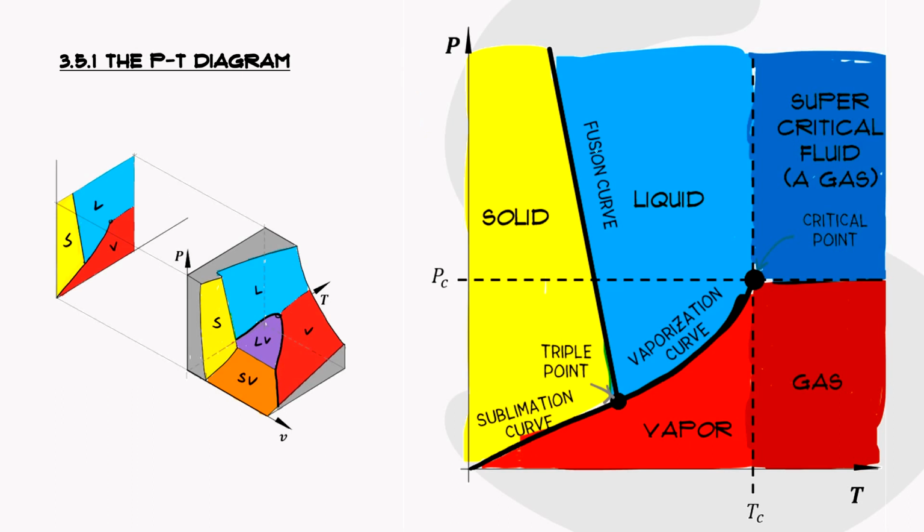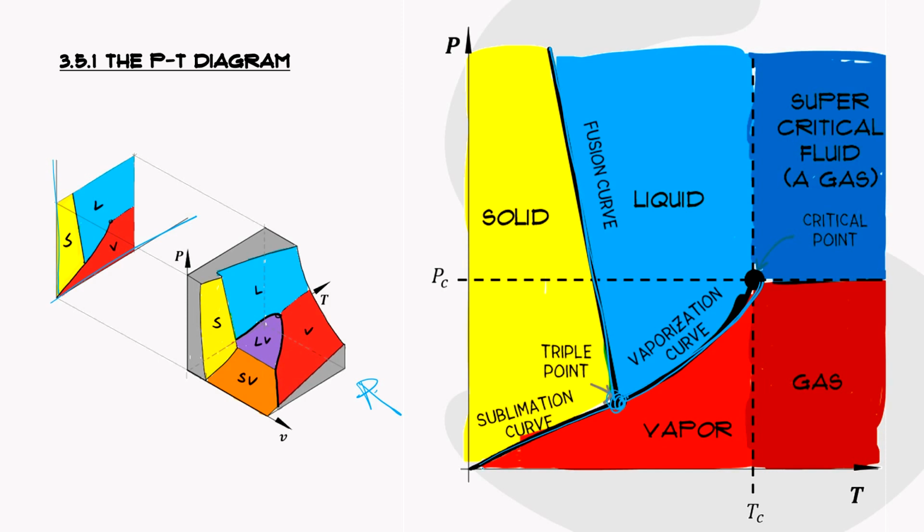Okay, so now in detail, here's the pressure-temperature diagram. Projecting from pressure and temperature, or from this view, what we get is this diagram. What we see here are these lines, including a line from solid, meeting at this point.